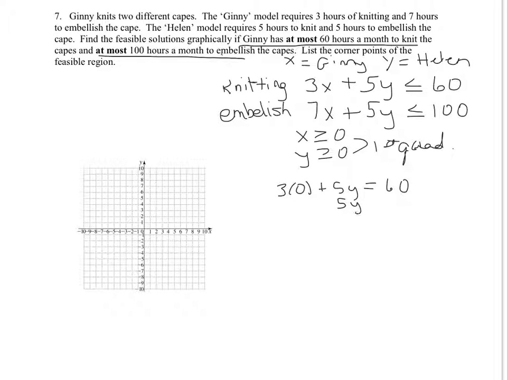That means 5y equals 60, and y will be 12. So we're going to have the ordered pair 0, 12. And this means our graph needs to be extended up just a little bit. And that's where 0, 12 would be, right there. And then we'll come back and we'll put in 0 for the y.